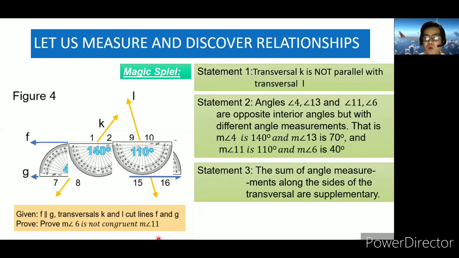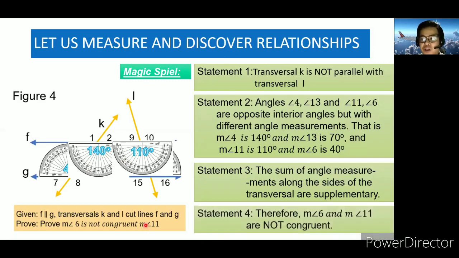It might be that our measurements will also differ because of our drawing. However, it does not matter at all, provided that your statement number 4 should be satisfied, that the angle measurements along the side of your transversal must always be 180 degrees. Okay? As you also learned in your previous lesson.